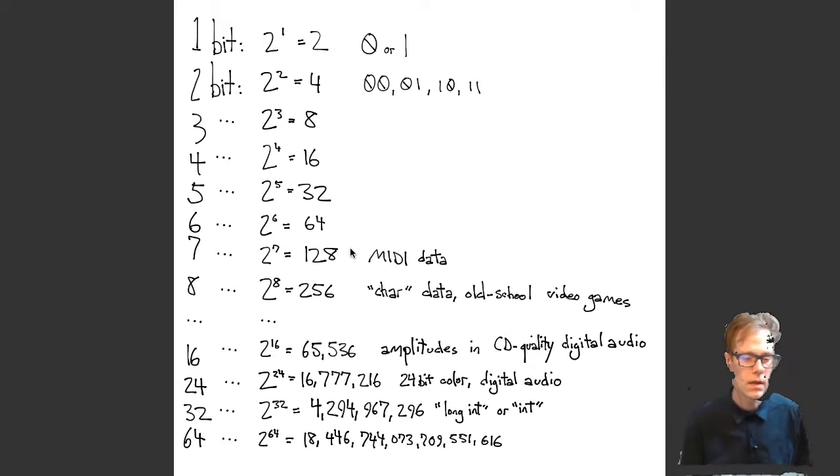So the maximum range of values that can be encoded in a MIDI message is 128 possible values. So including 0, that gives you 0 to 127, and that's why to this day in the world of electronic music, you always see this range of 0 to 127.